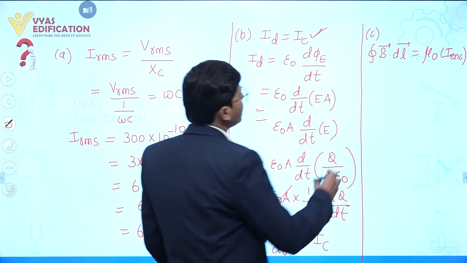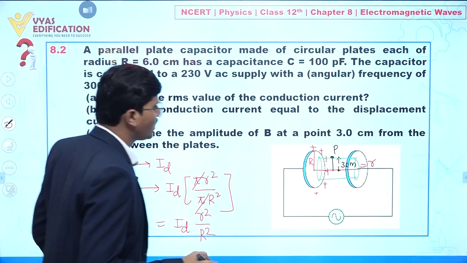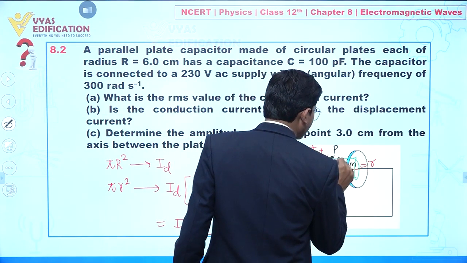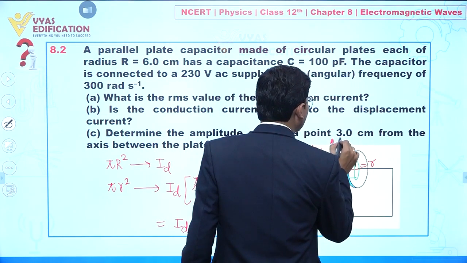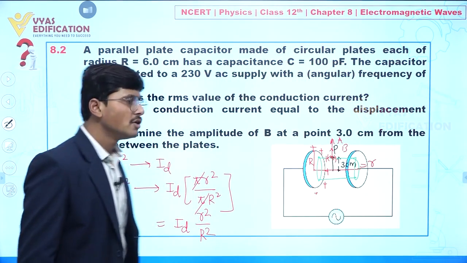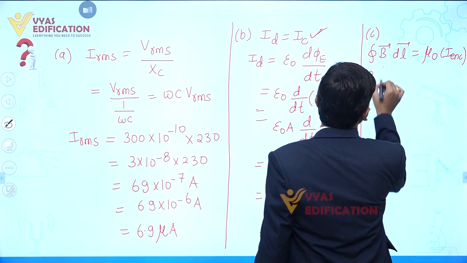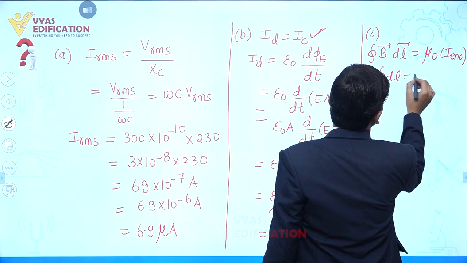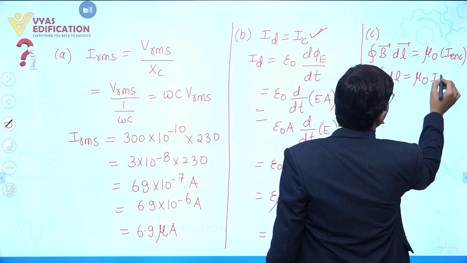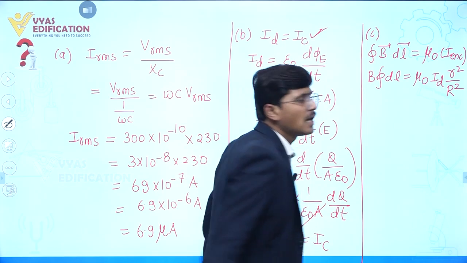Clear? Now we can write B dot dl. First listen carefully. If I take a very small element, the area vector is in this direction and B is also in the same direction. So we can write B times the cyclic integral of dl equals mu naught id small r square divided by capital R square.